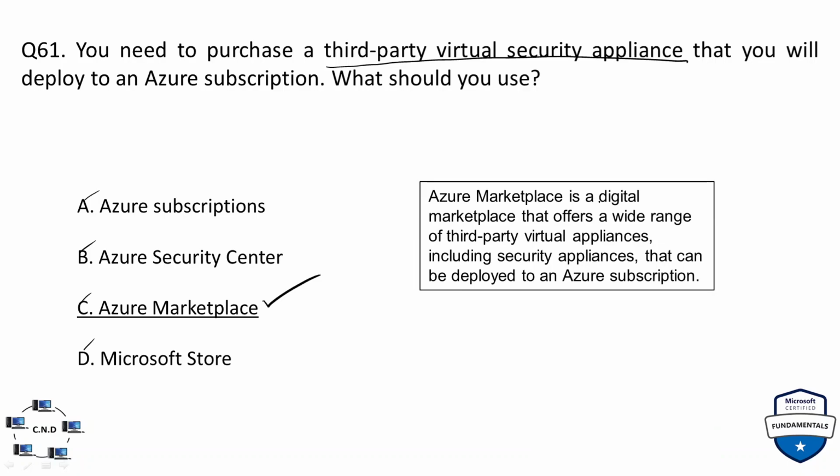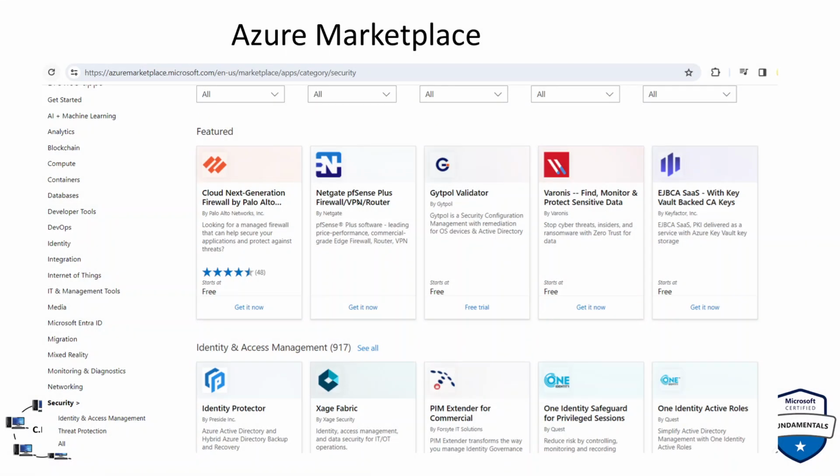The Azure Marketplace is a digital marketplace that offers a wide range of third-party virtual appliances, including security appliances that can be deployed to an Azure subscription. And this is just an overview of this Azure Marketplace. I have taken this snapshot directly from the web.